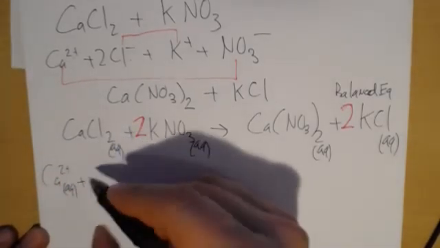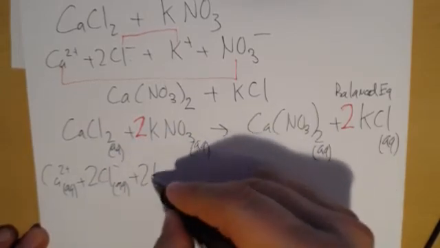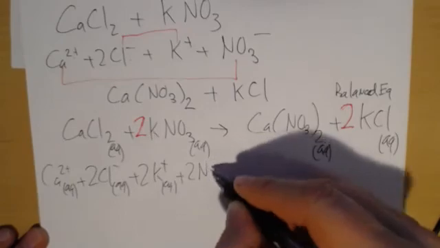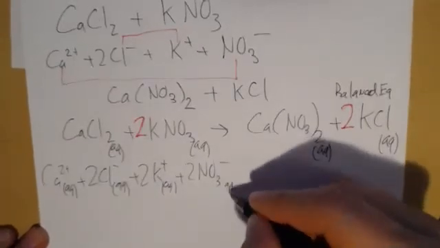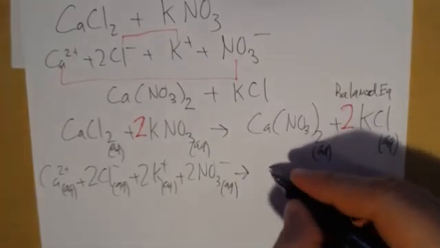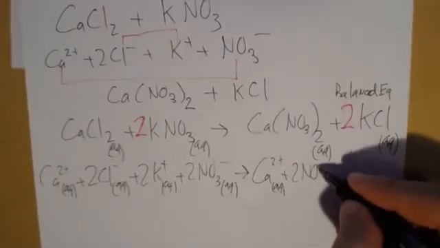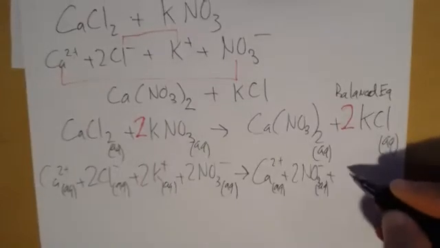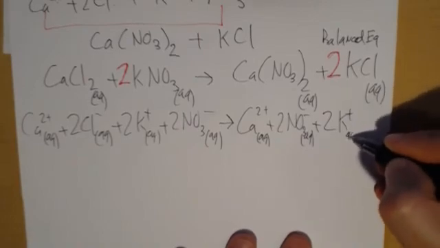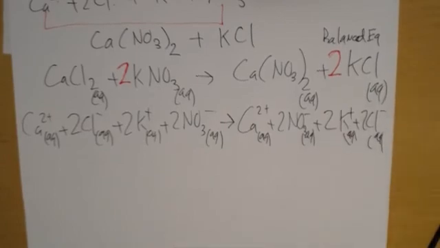This is tedious, but I'm going to do it anyway. 2 chloride minus aqueous plus 2 potassium plus aqueous plus 2 nitrate minus aqueous goes to calcium 2 plus aqueous plus 2 nitrate minus aqueous plus 2 potassium plus aqueous plus 2 chloride minus aqueous. So what cancels?